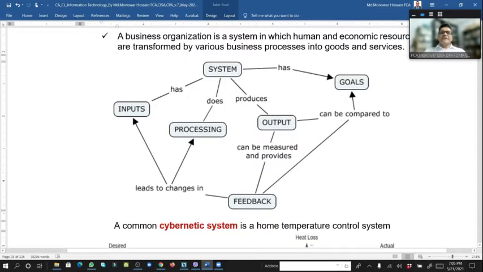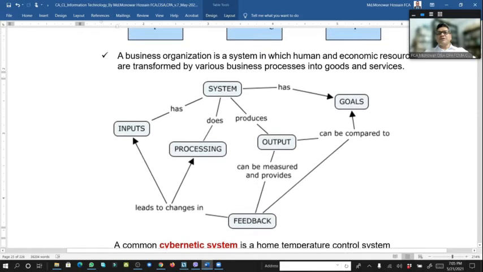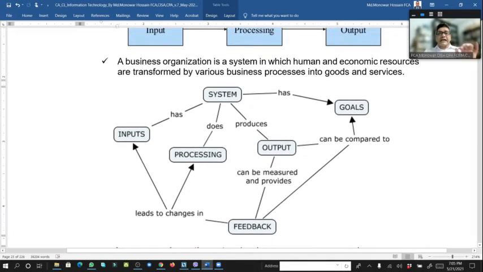A business organization is a system in which human and economic resources are transformed by various business processes into goods and services. If we see here, the system has input, the system does processing, and the input leads to change in the process, and the process goes to feedback, and the system produces output that can be measured and provide feedback.